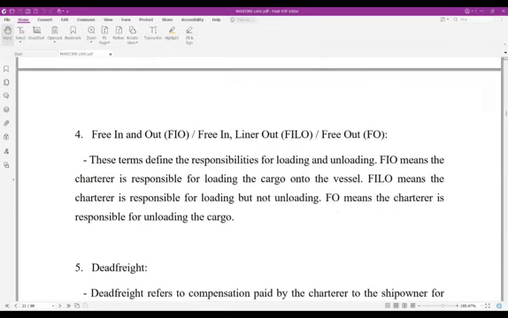We have the FIO, the FILO, and the FO: free in and out, free in, liner out, and free out. These terms define the responsibilities for loading and unloading. The FIO means the charterer is responsible for loading the cargo on the vessel.